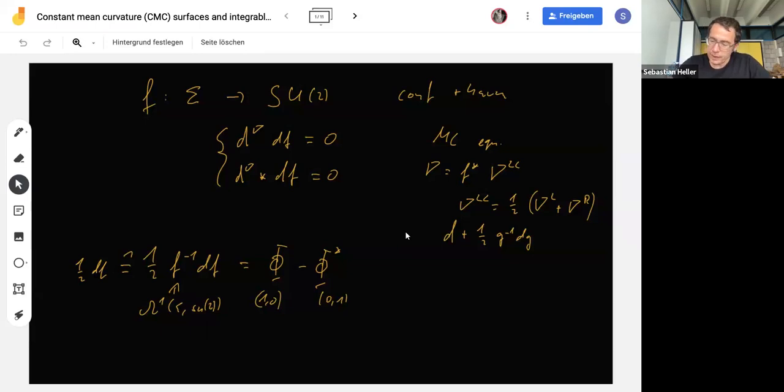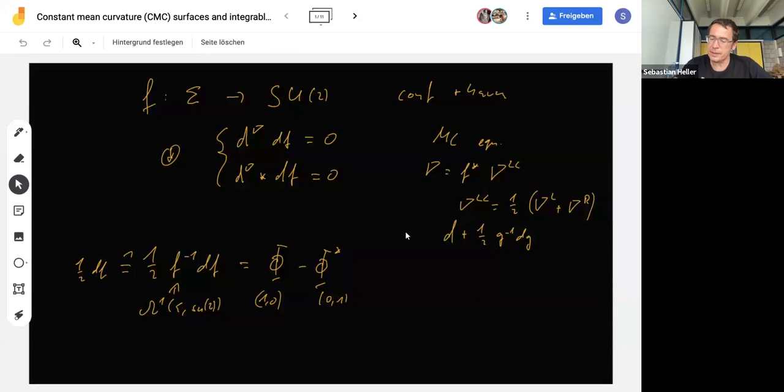Now we can do the following reformulation of this set of equations. First, the connection nabla, the pullback connection, plus phi minus phi star, is the connection D plus f inverse df.